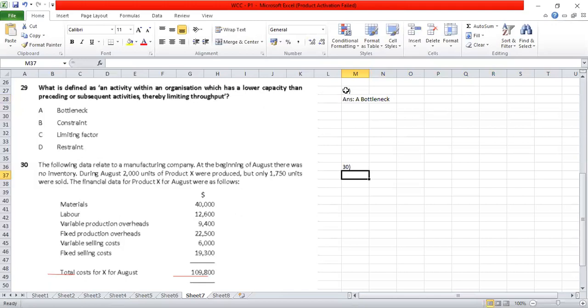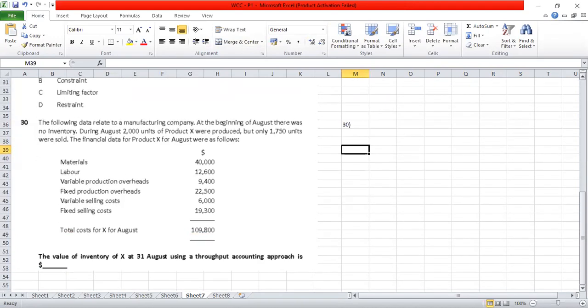Materials is 40,000, labor, variable production overheads, fixed production overheads, variable selling cost, fixed selling cost, total cost for X for the month of August is 109,800. And the question says: the value of inventory of X at 31st August, using a throughput accounting approach, is?